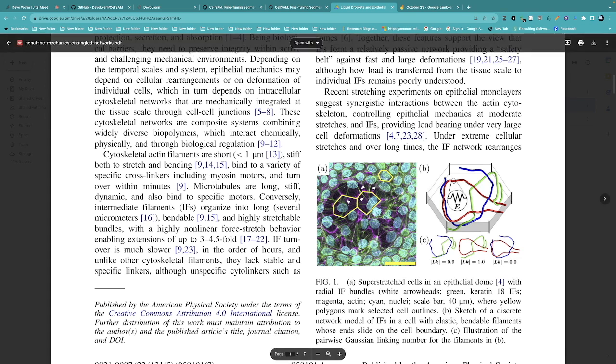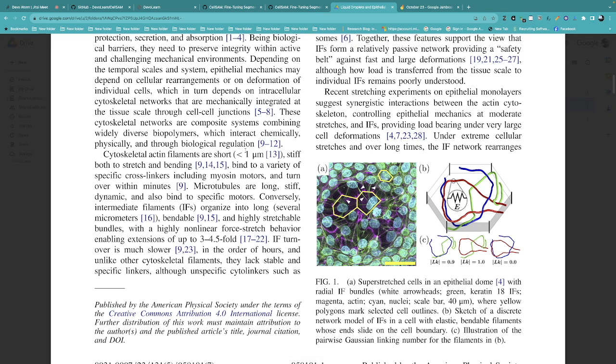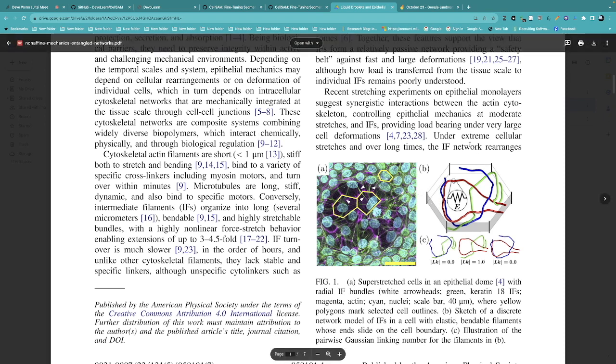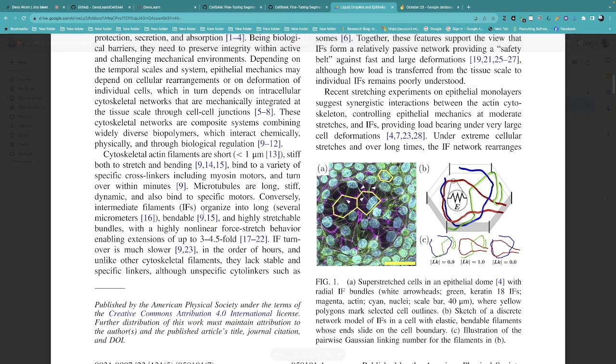Then they talk about binding to a variety of specific crosslinkers, including myosin motors, and turnover within minutes. So they absorb and resorb, and you get new ones every few minutes. Not only are they tangled, but they're regenerating constantly.